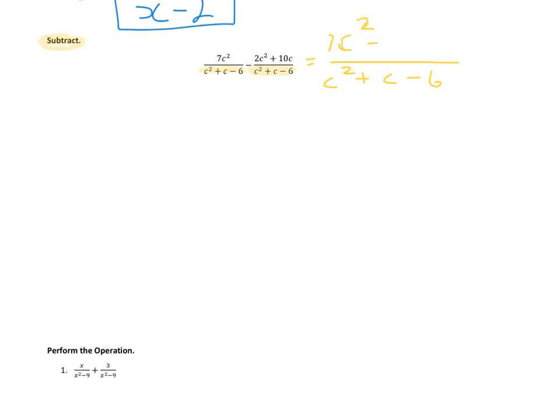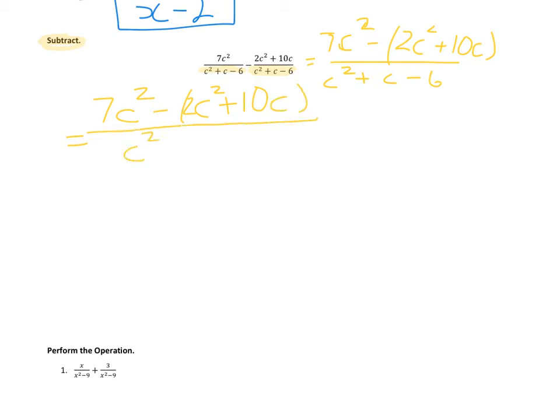Okay. And remember, since we want to subtract the entire numerator, we're going to have to put parentheses around that entire numerator. If we don't put the parentheses around, then we just are going to be subtracting the first term of that numerator. So it's important to use subtraction so we subtract the first term and the second term.